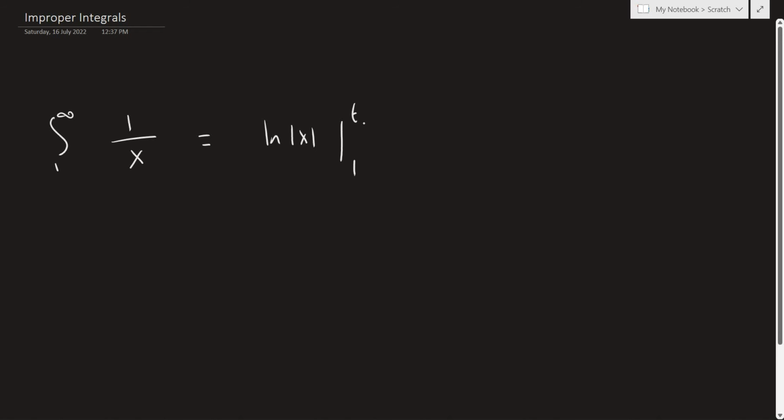So now we replace. So first we replace t. So it's going to be ln t minus ln 1. So t is infinity, so this will be infinity, and ln 1 is simply 0, so the answer will be infinity. Which means this is divergence.